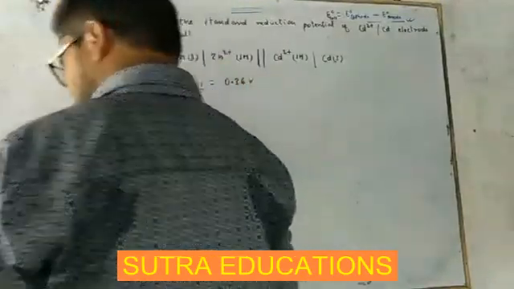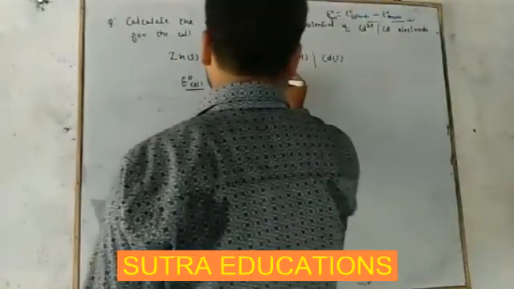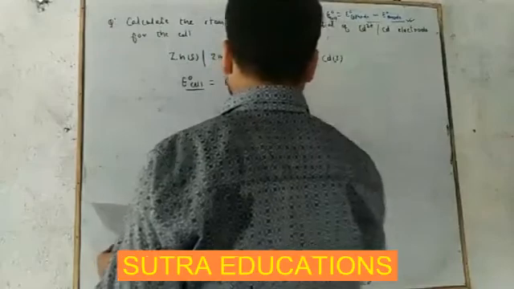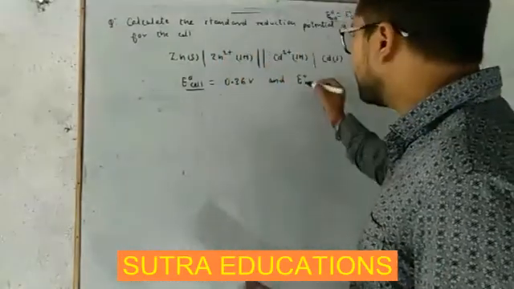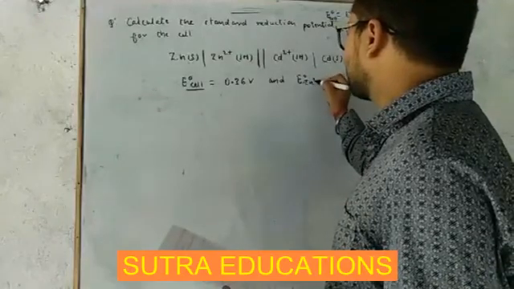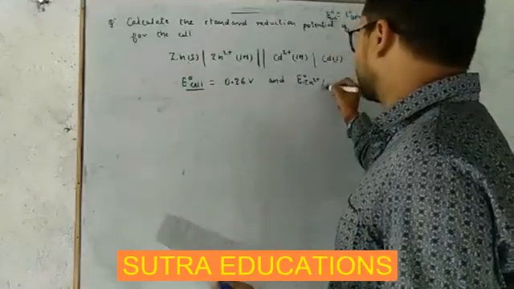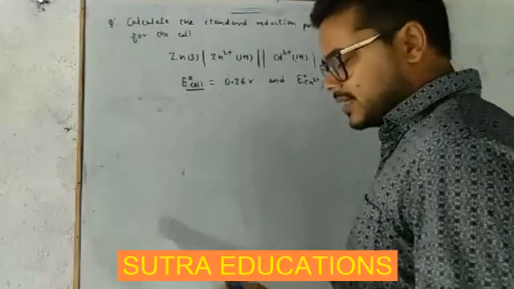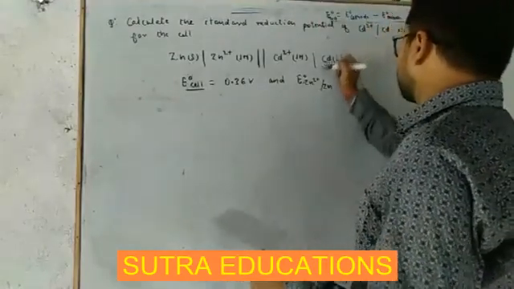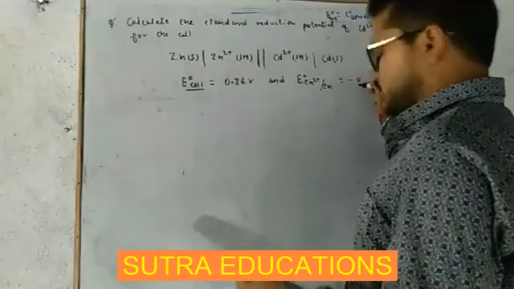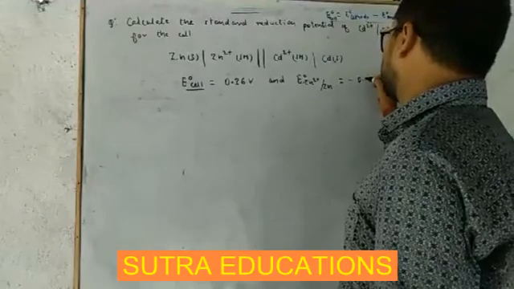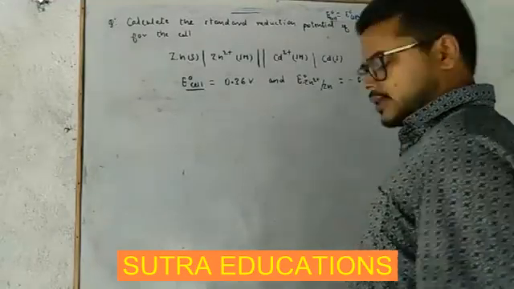And the standard reduction potential value of Zn2 plus to Zn is given, it is equal to minus 0.76 volt.